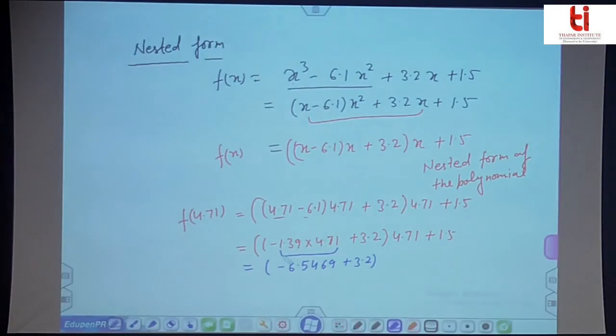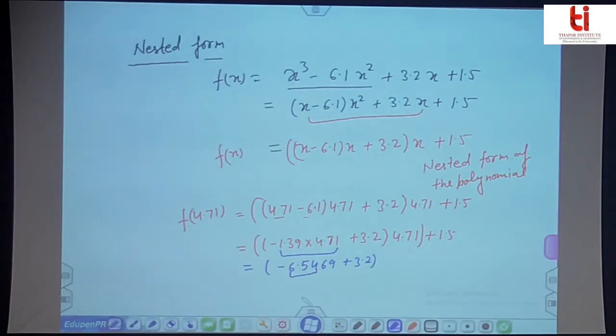We have to use 3 digits, so just take these terms into consideration.